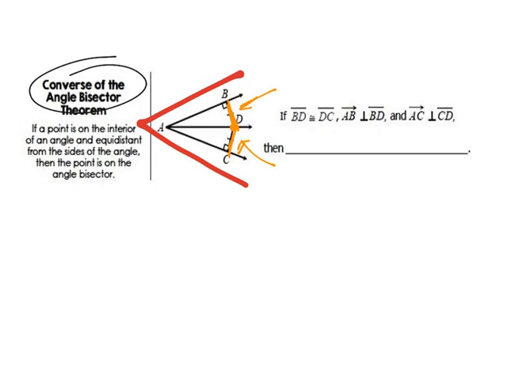And if this is the case, then D actually lies on the angle bisector.